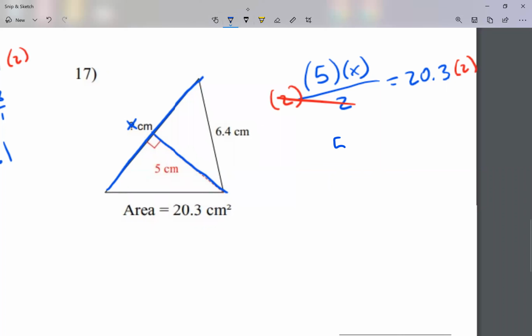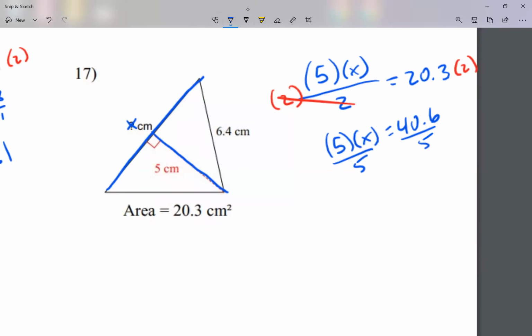That gives me that 5 times x is equal to 40.6. Now let me divide by 5. 40.6 divided by 5, rounded to 1 decimal place, is going to give me 8.1.